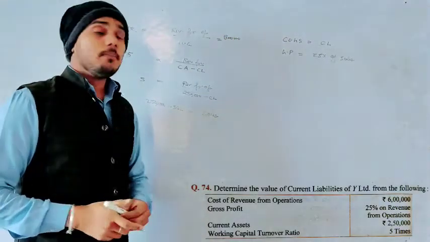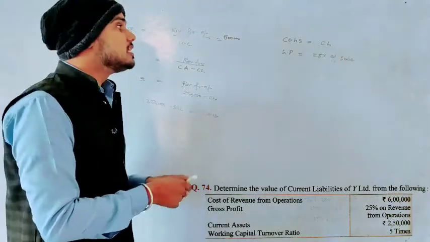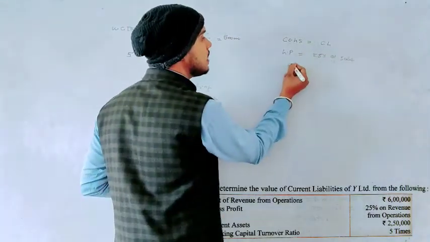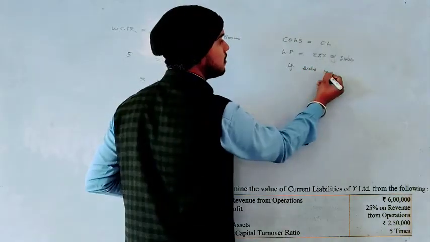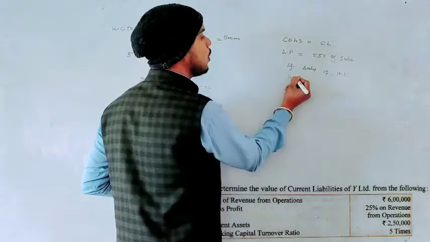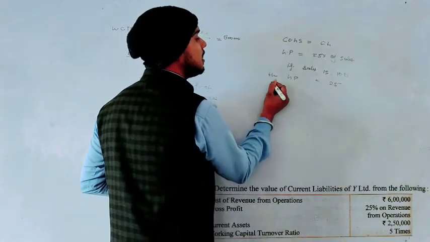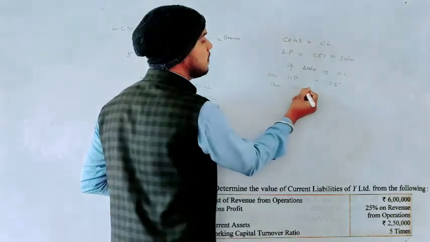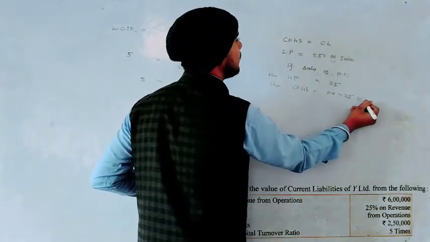Yes. But we can also do it alternatively. How? If sale is, let's suppose, 100, then gross profit will be 25, and then COGS will be 100 minus 25 equals 75.